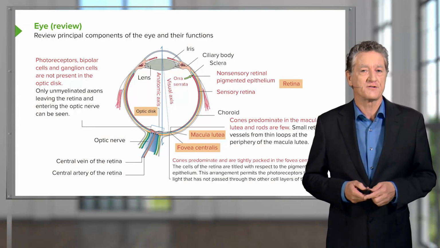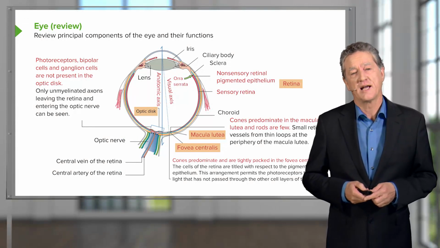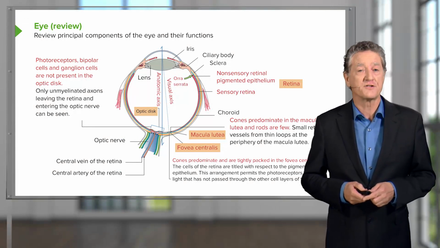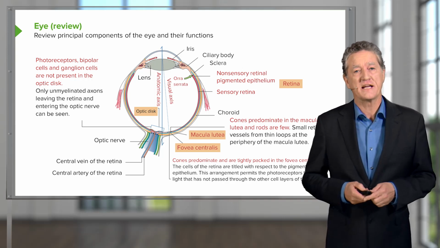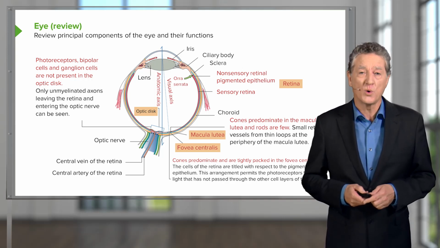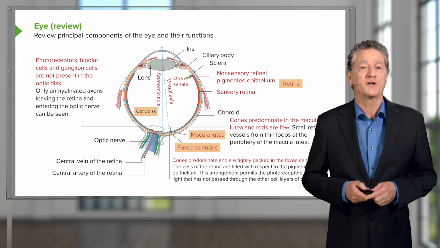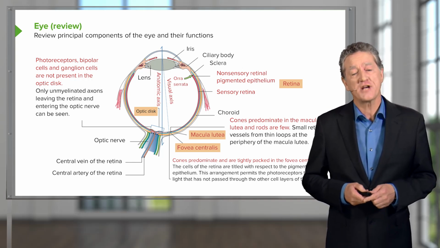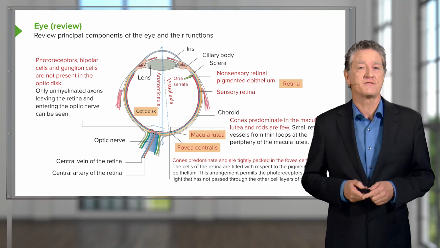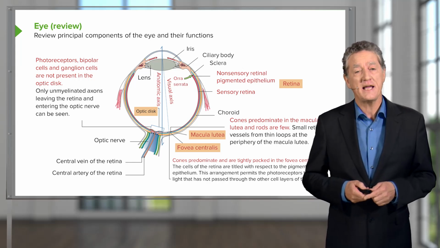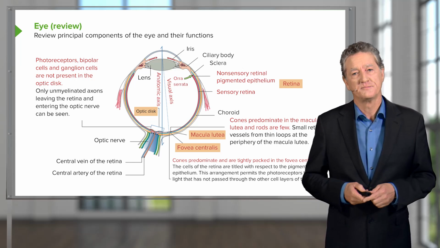And then there's the production of the aqueous humour by the ciliary epithelium and the production of the zonular fibres that extend to the lens. And then the importance of the ciliary muscle, when it contracts and relaxes, it changes the shape of the lens and therefore allows us to focus distant objects and near objects on the retina.